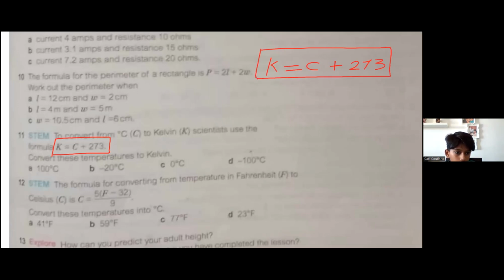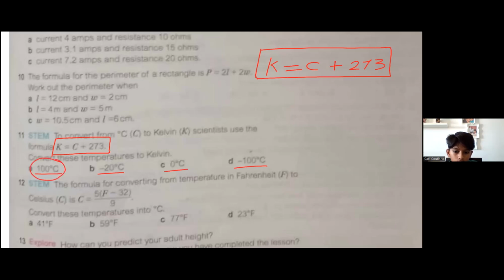So if we have to convert these temperatures to Kelvin, we have to find for different values of degree Celsius what value of Kelvin we will get. Let's see the first one.